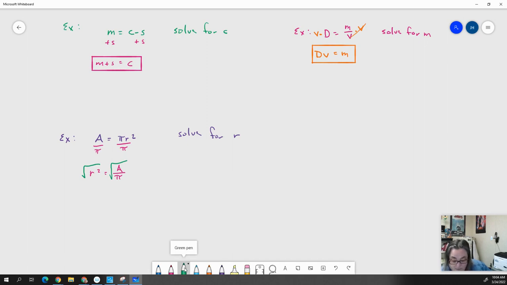And we will wind up with r equals plus or minus the square root of A over pi. I don't know that they get any harder than that. Maybe I'll show you one more that's maybe got a fraction in it or something like that. But for the most part, they're going to follow this pattern.